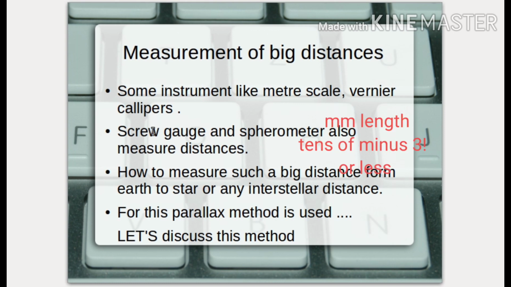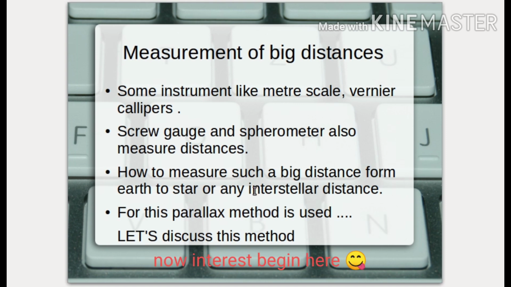These things are used to measure small distances, sometimes even very small distances. So my interest is to measure the big distance. How to measure such a big distance from Earth to a star or any interstellar distance?